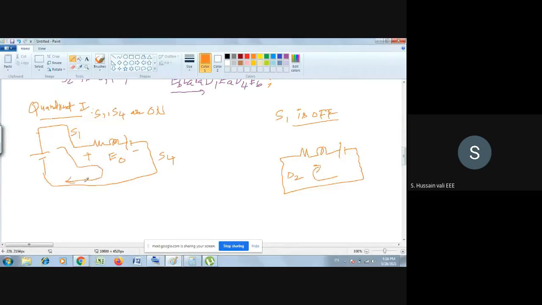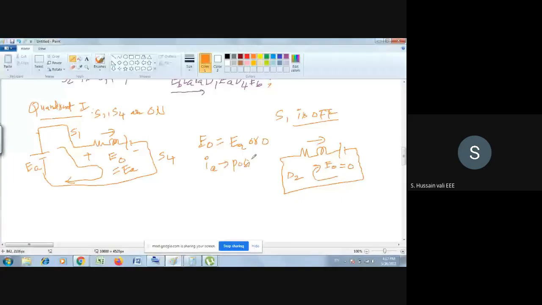E naught is equal to EA. The direction of the current is from left side to right side. But in this case E naught is 0. So E naught is either EA or 0, whereas IA is positive. I think with this, we can say it is the first quadrant.